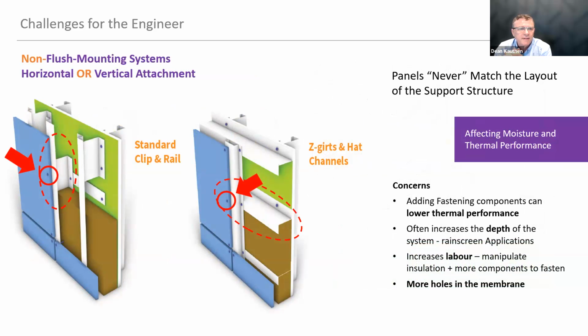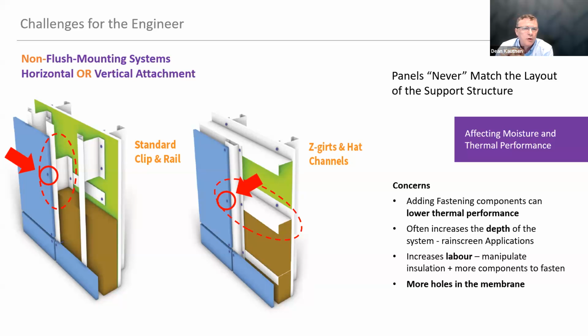So left to their own devices, the contractor or the architect may end up designing something like this. Where you have kind of a clip and rail system on the left, and then we need a vertical attachment point, so we'll add another one in the middle. And now this is really complicating the installation process. You're cutting insulation around all of these different support pieces that are on the wall.